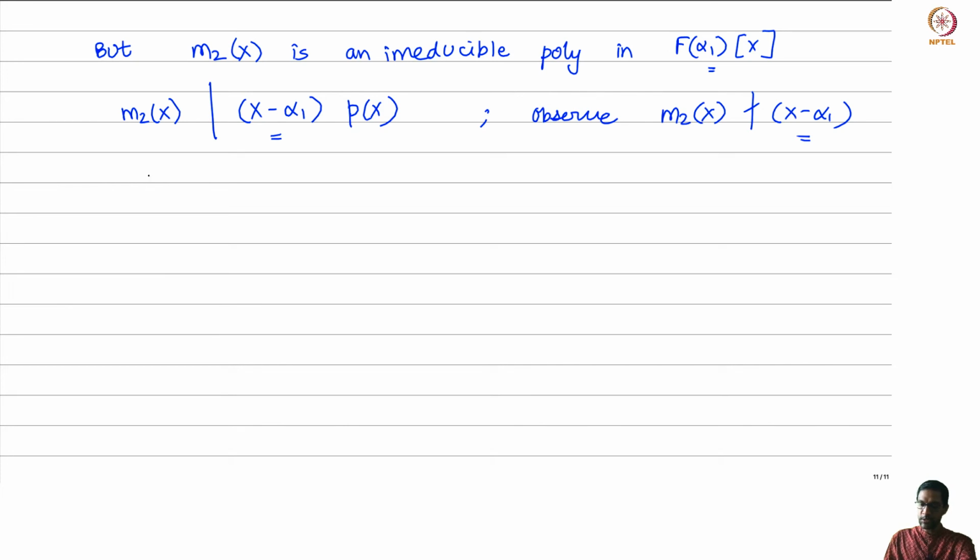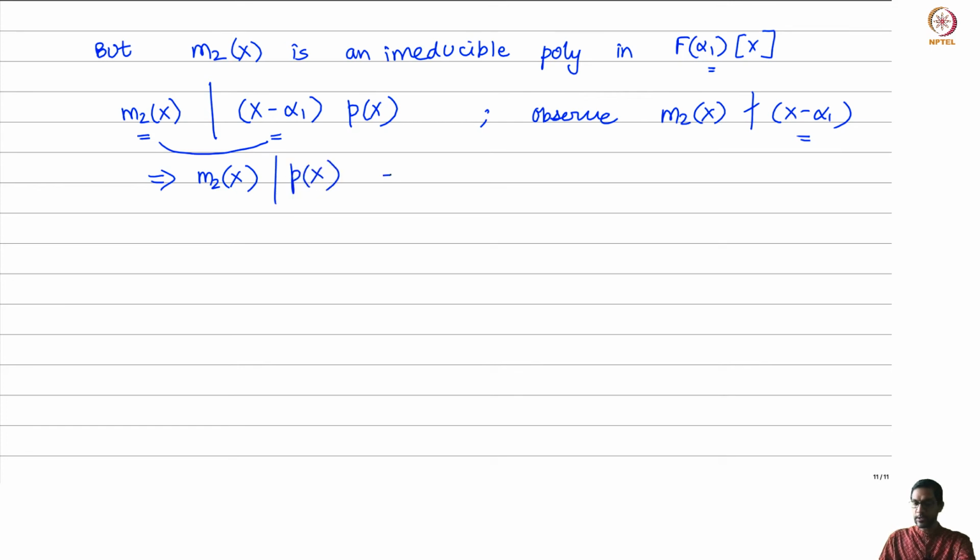Okay, so now what does this mean again? I mean, you can think in terms of the fact that M2 of x is a prime element of the ring f alpha 1 of x, or in terms of the unique factorization, the fact that this is a UFD and so on. So the point is these two are relatively prime to each other. So therefore M2 of x has to divide the other term, which is p of x.